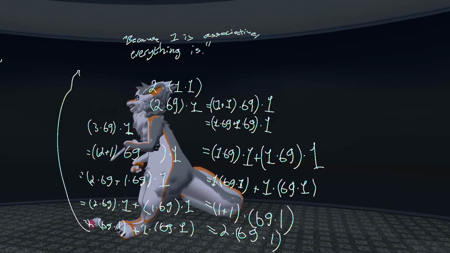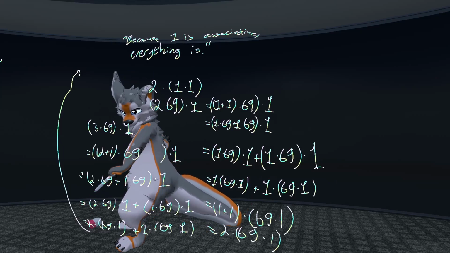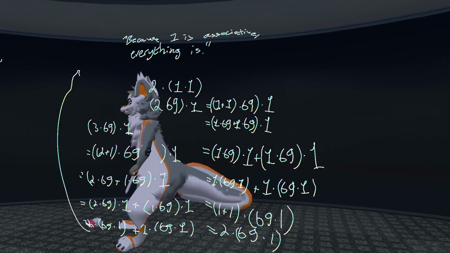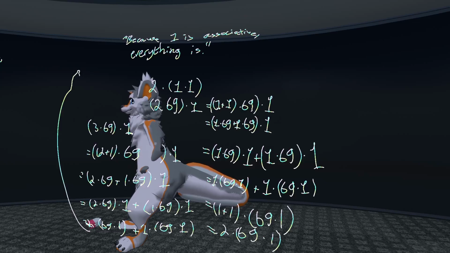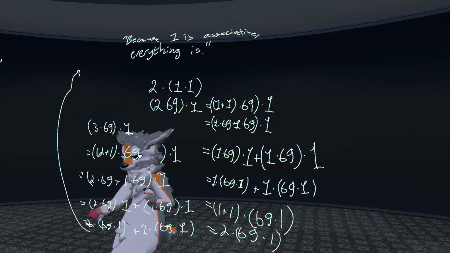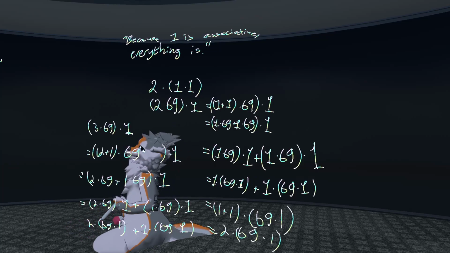Why does that look so weird? There's an equal sign here, right? Here. It's an equal sign. My OCD is killing me.